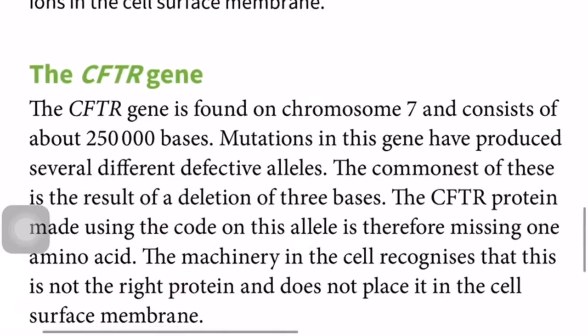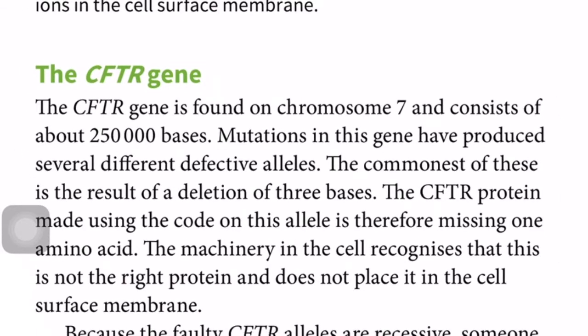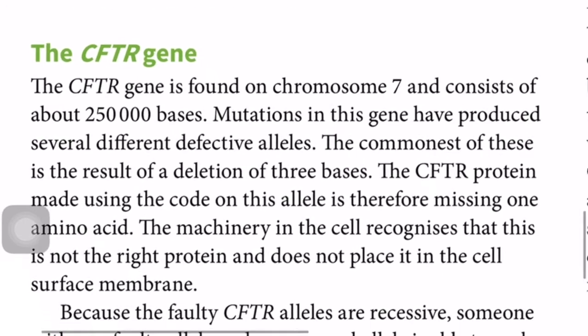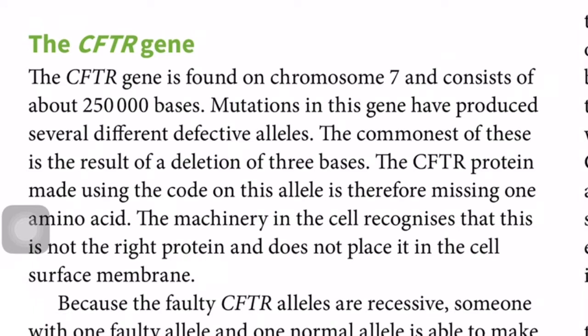Now let's look at the CFTR gene. The CFTR gene is found on chromosome 7 and consists of about 250,000 bases. Mutations in this gene have produced several different defective alleles. The recessive one is the defective one in the practical case.